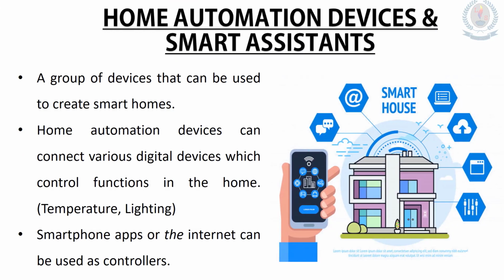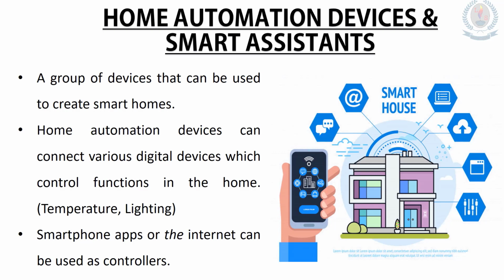Home automation devices and smart assistants are trending digital device types. A home automation system is a group of devices that can be used to create smart houses. For example, home automation devices can connect a range of digital devices which sense and control functions in a home.